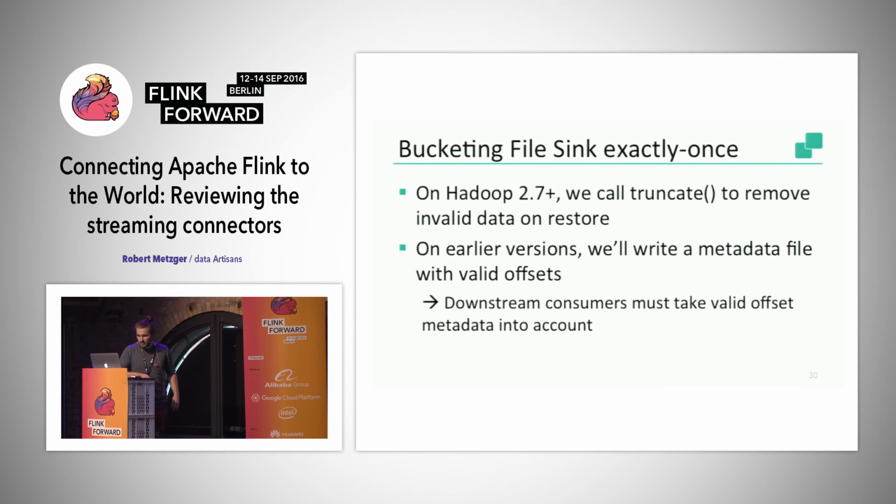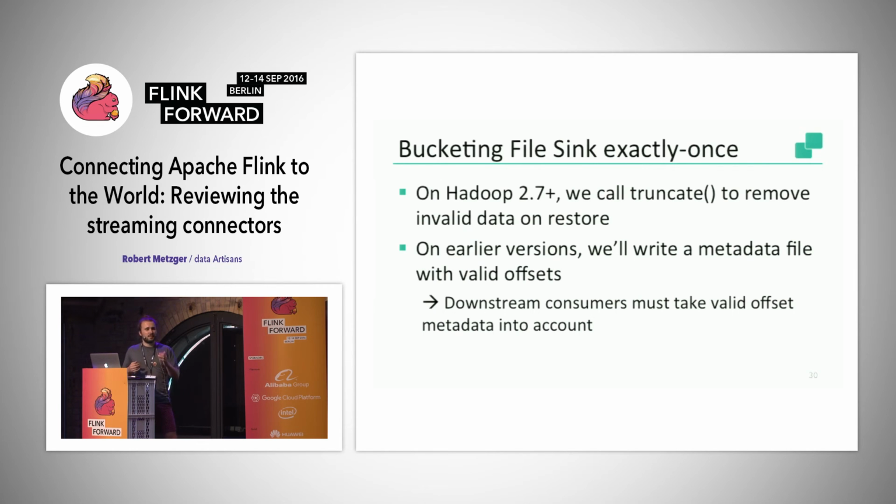And another interesting thing in the bucketing file sink is that in Hadoop 2.7, there was a new feature called truncate. Because before 2.7, Hadoop would only allow appending to files. But with Hadoop 2.7, it introduced this new truncate call, which allows you to cut off data from the end.